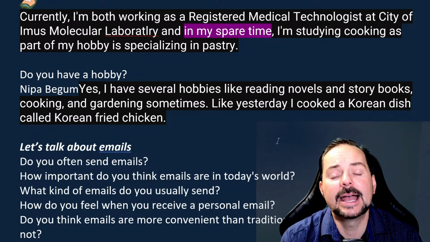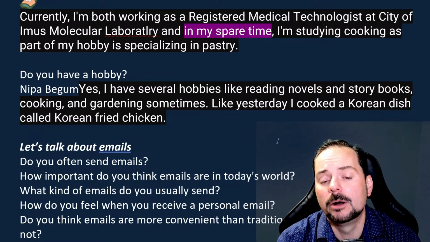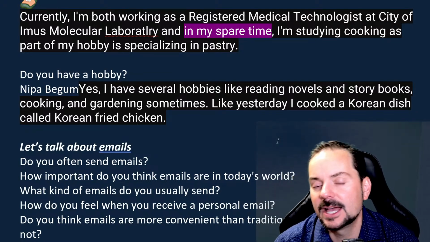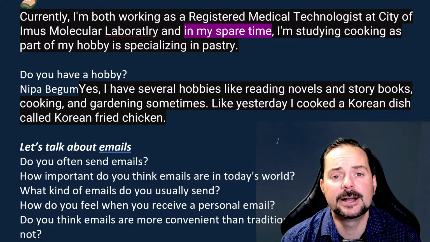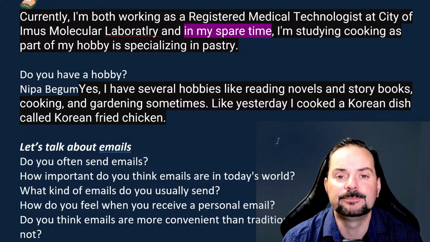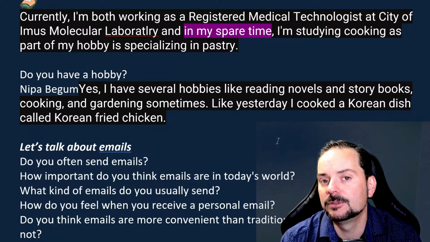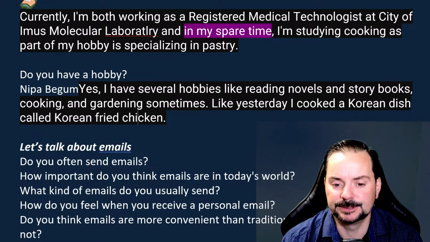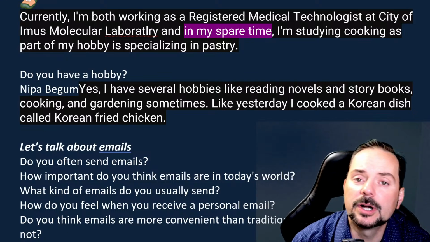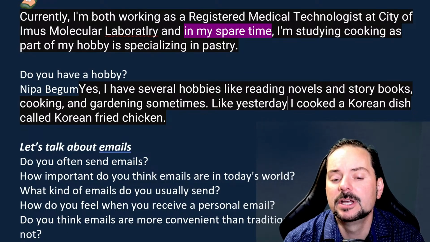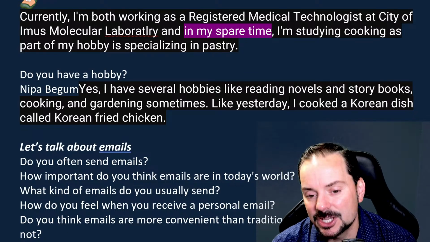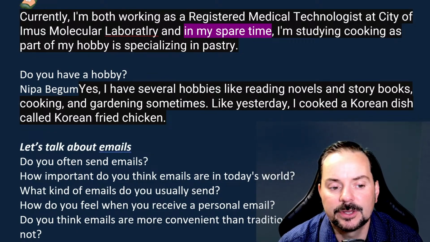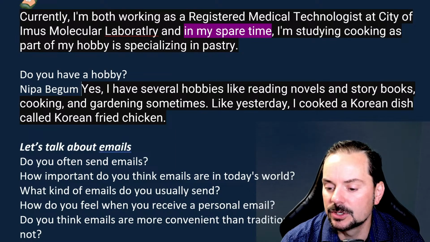You don't have to give really complicated answers. Some students think that you need to use really fancy vocabulary to get a band 9. Not really. Coherence, fluency, clarity, that's the most important. When you start a sentence with a time expression, like yesterday, you need a comma. Like yesterday, comma, I cooked a Korean dish called Korean fried chicken. That's good.